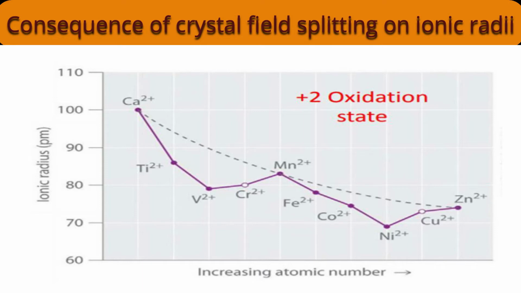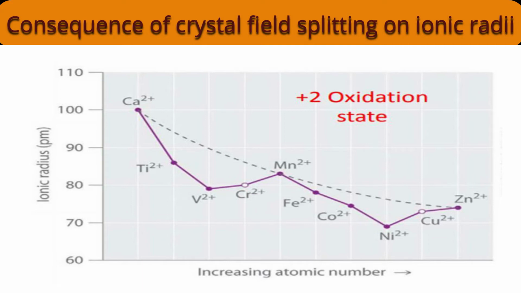Now what will be our logic to explain the phenomenon? If electrons are there in the axial orbitals, which are the axial orbitals? dx square minus y square or dz square, or I can say the eg set, then those electrons will directly face the ligands. Because of that, the ligand will experience some repulsion.